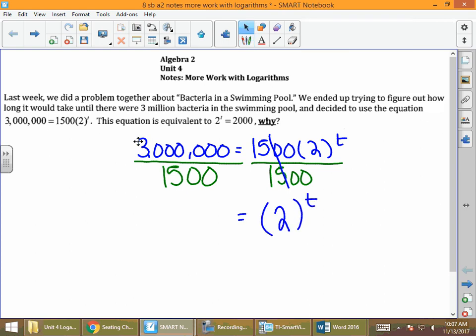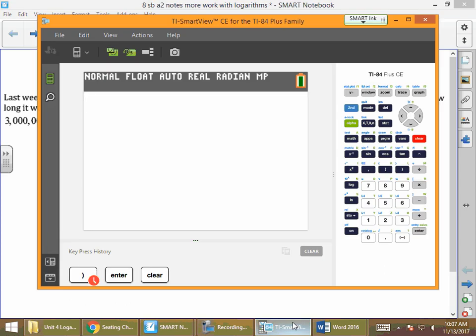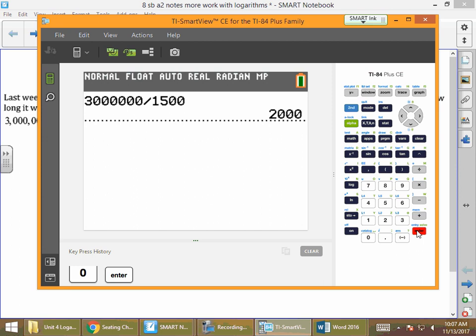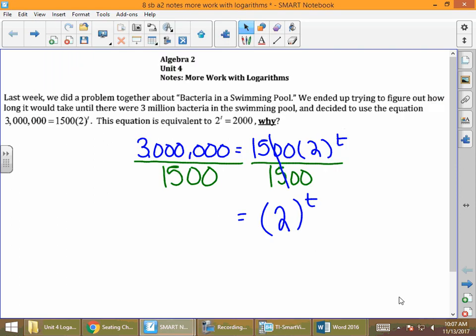And you can even type that in the calculator if you can't do it in your head. The 3 million divided by the 1,500 gives us the 2,000. And what we just did is we isolated the variable to help us solve.